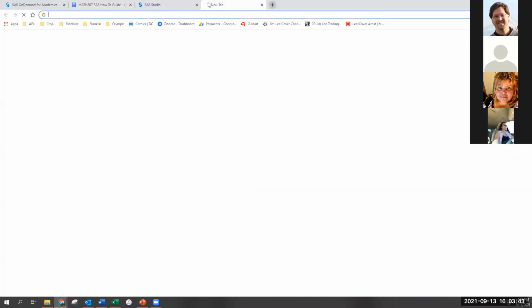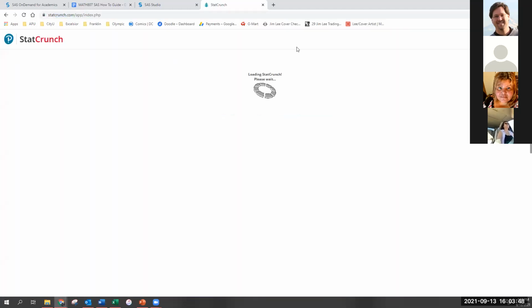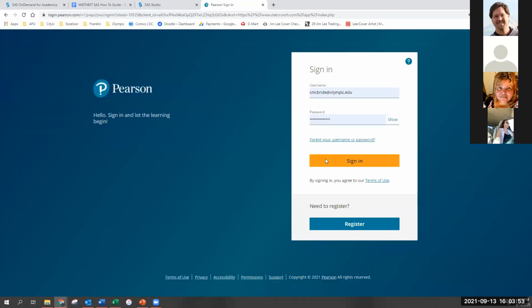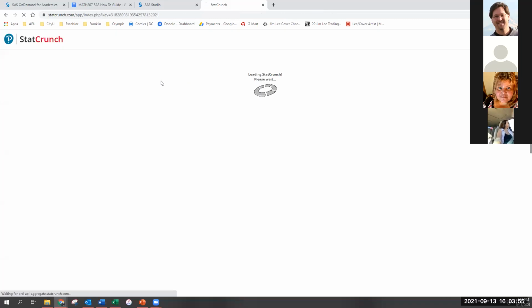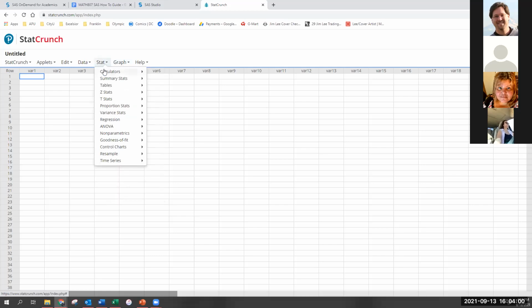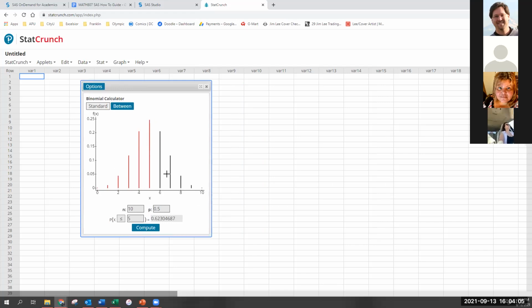So for instance, if we go to StatCrunch, we can see there's a typical binomial distribution where you have the little bars representing the probability of each thing happening. This one defaults to a sample size of 10 with a probability of success being 0.5.